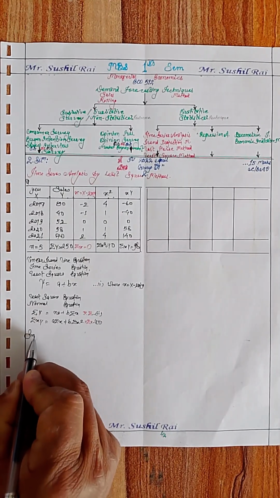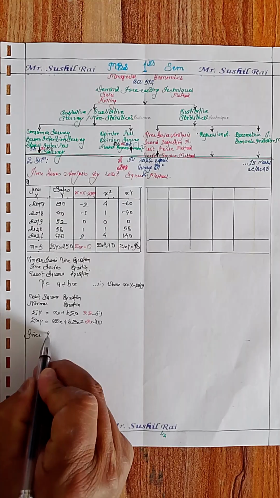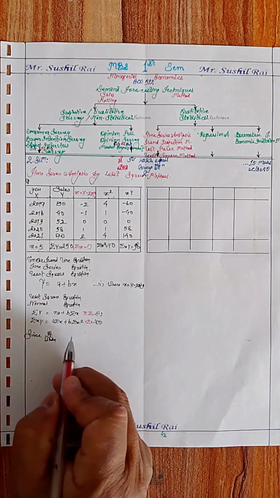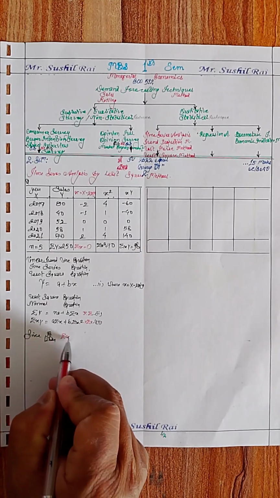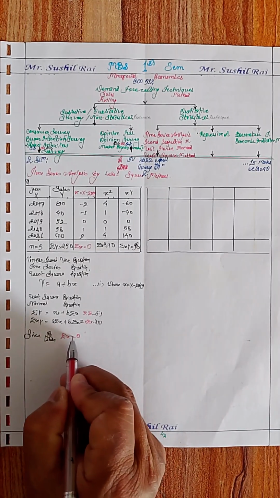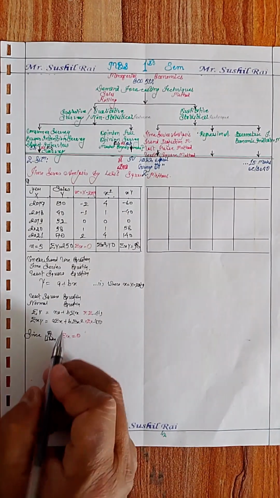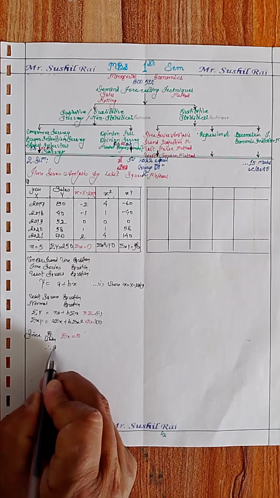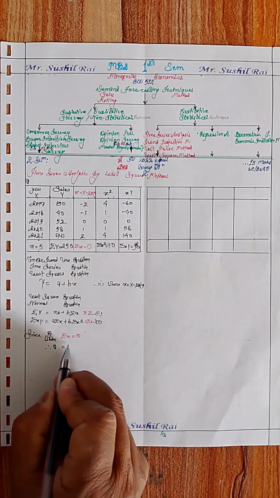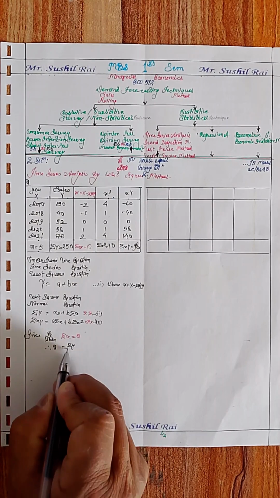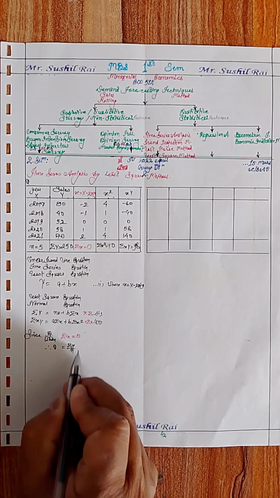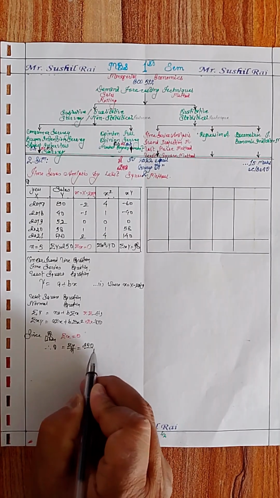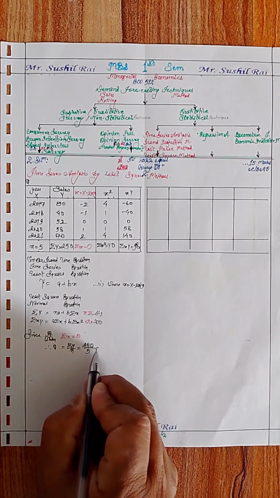Since summation x is equal to 0, therefore a is equal to summation Y by n, 250 by 5, 50.